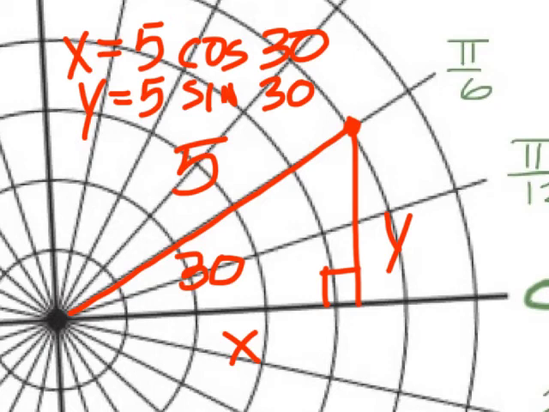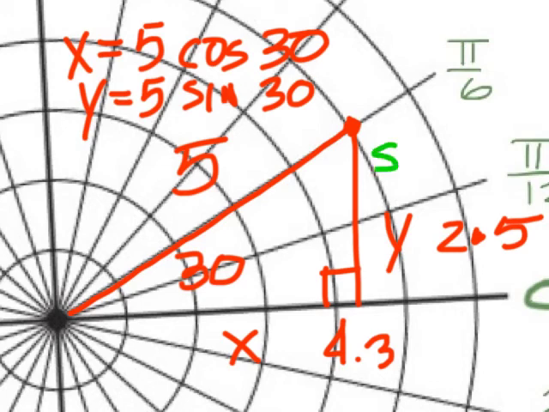So here's what we'll do. We'll do cosine 30 first, and then do times 5, and come up with 4.3. 4.3 for x, and then for y we have to do sine 30. And then multiply by 5, and it comes out to be 2.5, which is exactly half of the hypotenuse, yes.